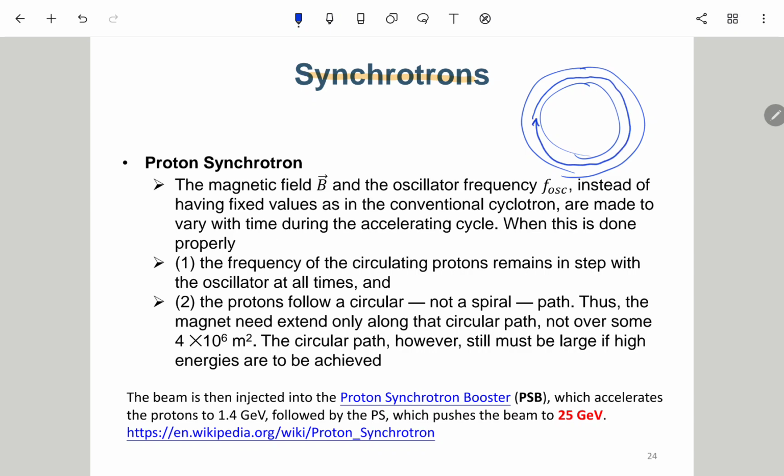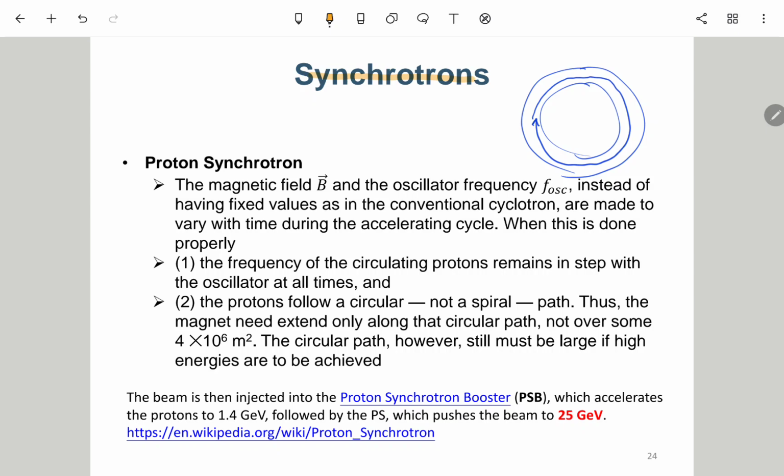So what you really need to do is to control the B field. Okay, so you need a more complex controlling circuit so that the particle can accelerate inside this ring.